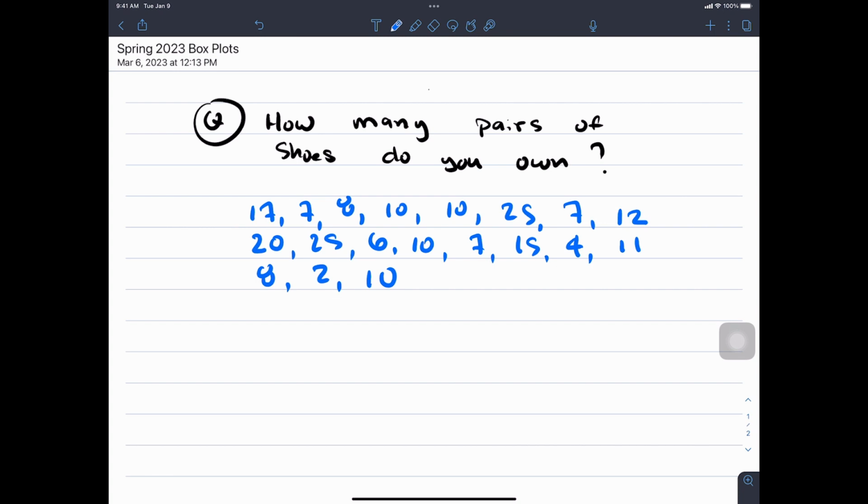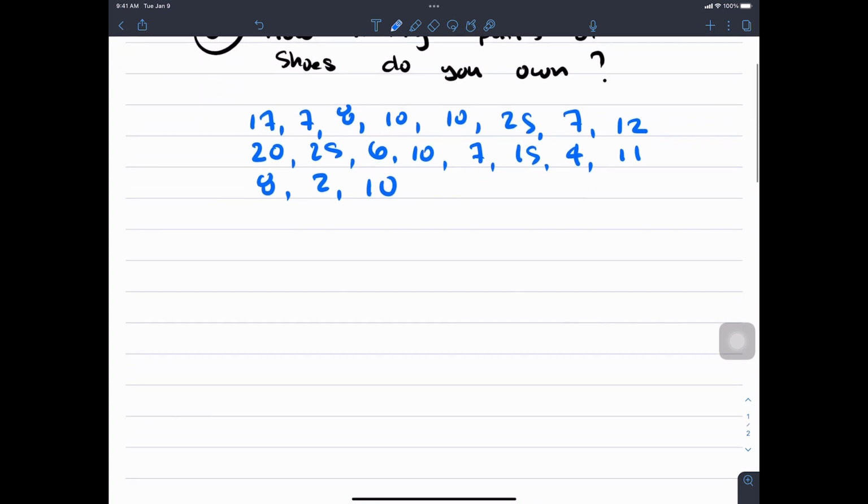what we've been doing. So note here, I'm going to actually get the mean and standard deviation, and I'm going to use the what? TI-84 Plus CE.